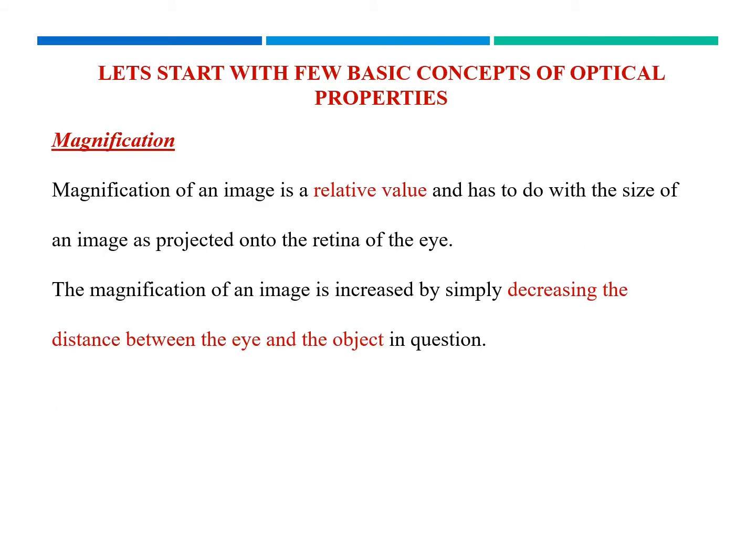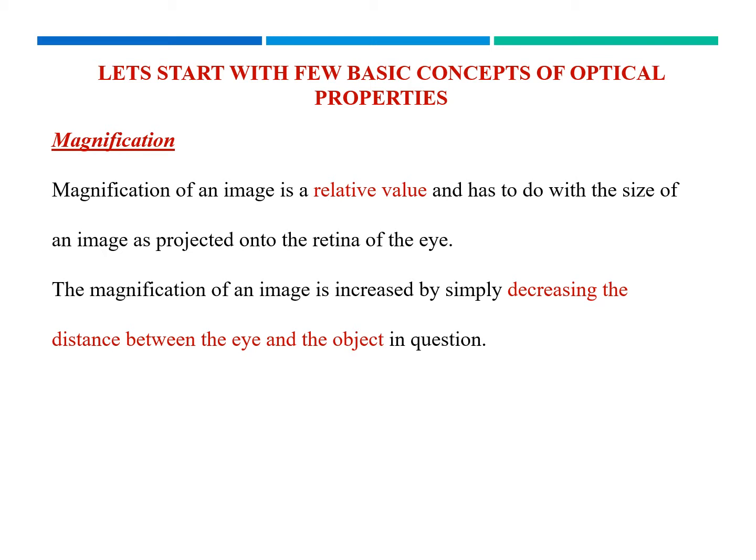So when we talk about magnification, before we jump into using a magnification device, whether it's a microscope or loops, there are a few concepts of optical properties that we need to know before we start using it. Magnification is basically where the image is increased by decreasing the distance between the eye and the object in question.